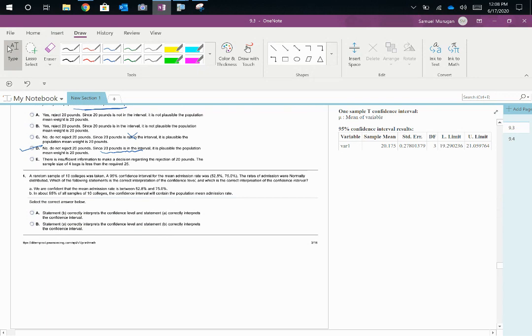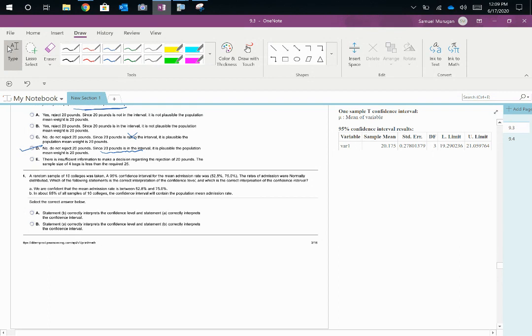Question 4, a random sample of 10 colleges was taken. A 95% confidence interval for the mean admission rate was 52.8% and 75.0%. That's the lower and upper limit. The rates of admission were normally distributed.